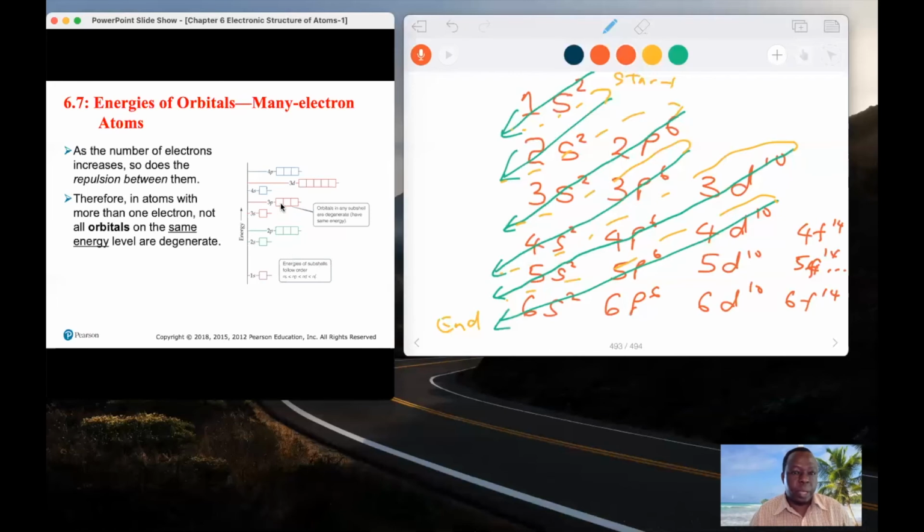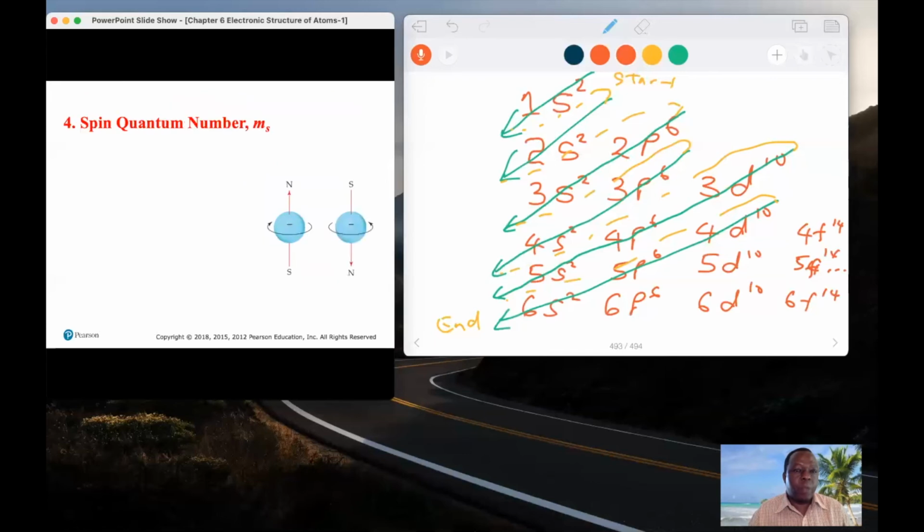So these are the degenerate orbitals. They have the same energy. With this pattern, we can now write the electron configuration.